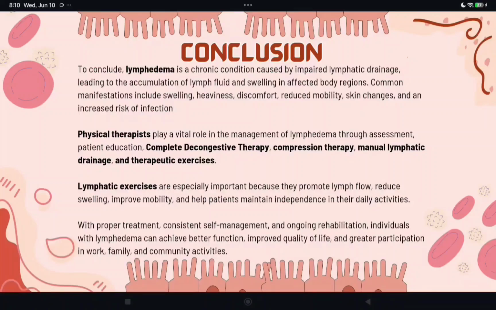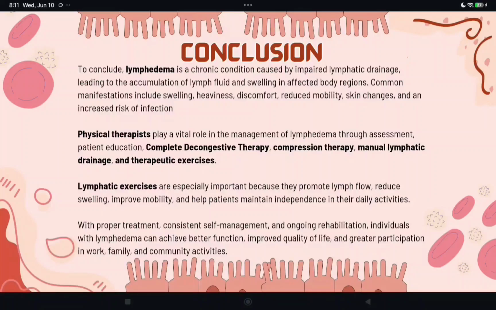Common manifestations include swelling, heaviness, discomfort, reduced mobility, skin changes, and an increased risk of infection. Early recognition and intervention are essential to prevent progression and improve long-term outcomes.